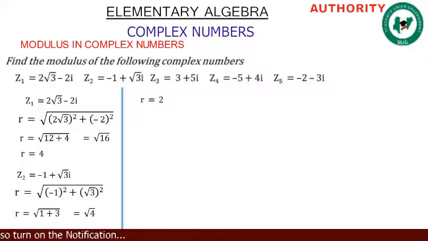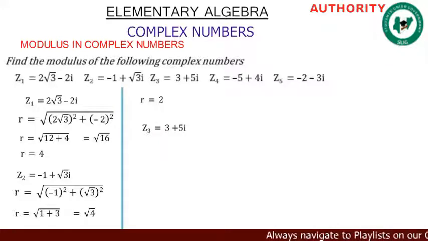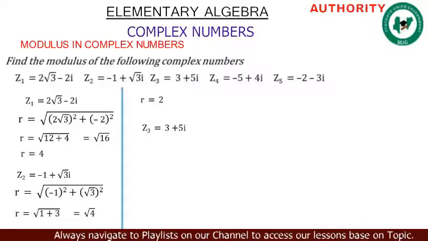Okay, good. Let's take number 3, which is z3. We have z3 to be 3 plus 5i. So r is equal to the square root of x squared plus y squared. Here we have x to be 3, and y to be 5.